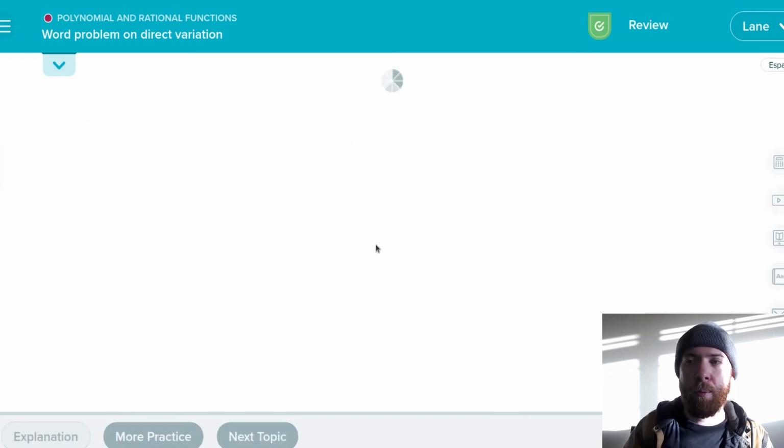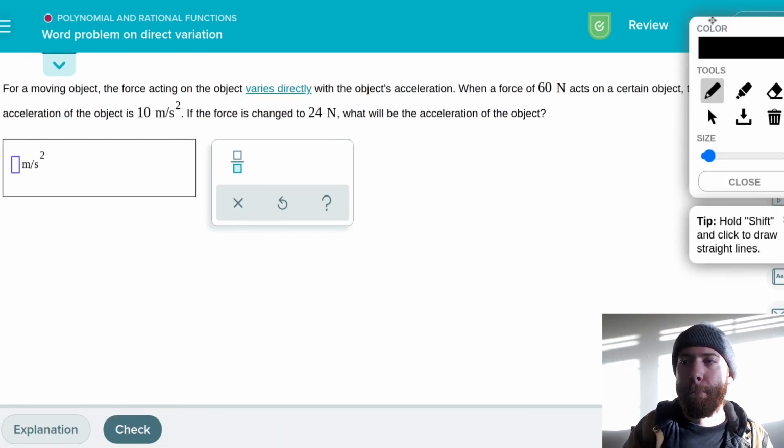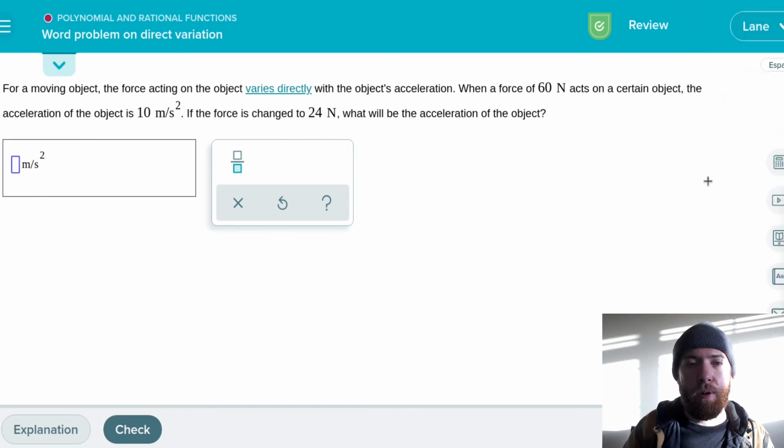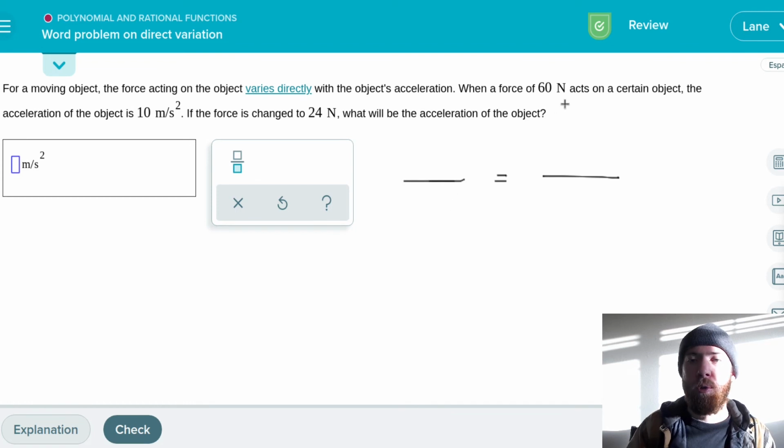Okay, we'll do one more problem. All right, we've got another one. Oh, this one's different. We've got newtons and meters per second squared. Let's set up two fractions. For one object, 60 newtons goes with 10 meters per second squared.